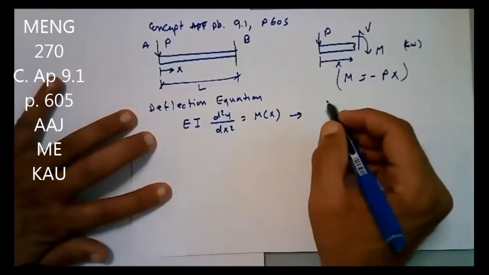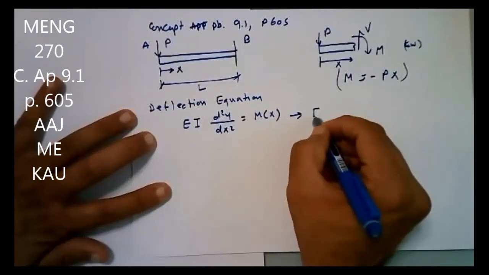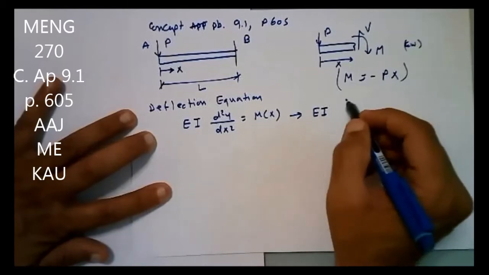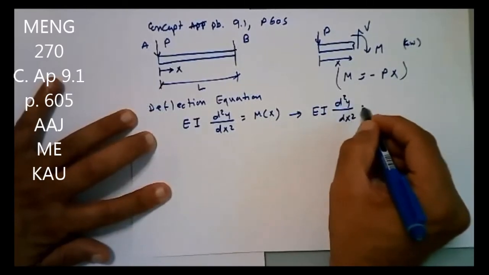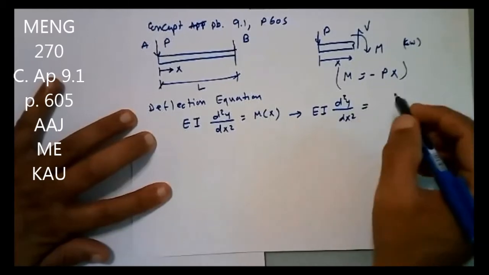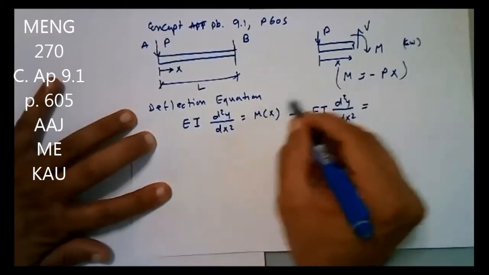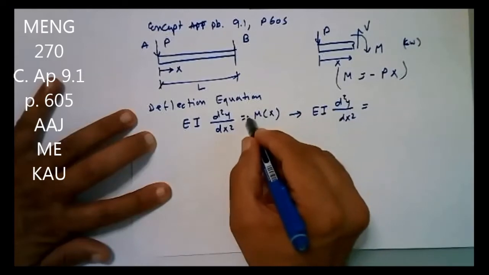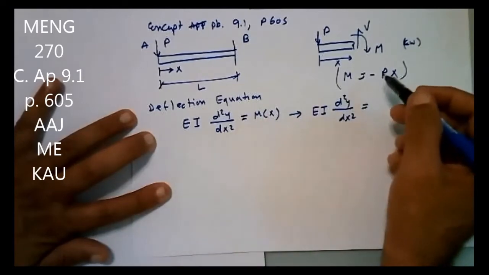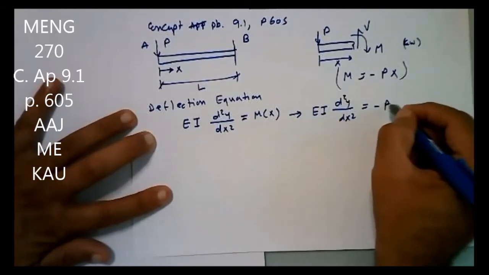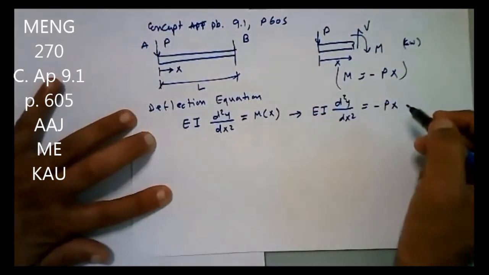So EI d square y with respect to dx square is equal to, let's use this instead of the moment here, the moment as a function of x. This is the moment equation. So this is minus P times x.